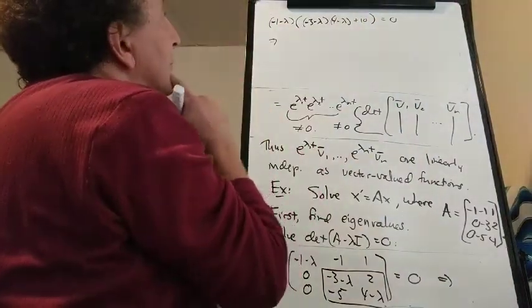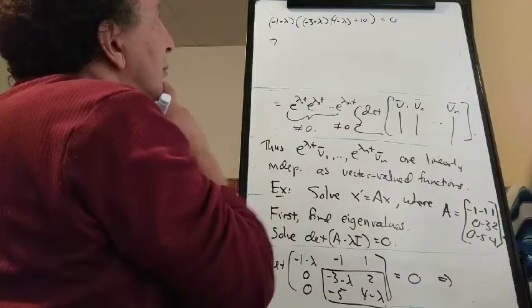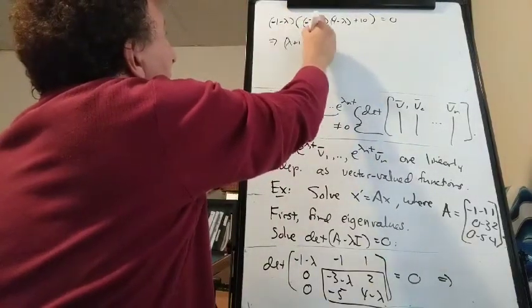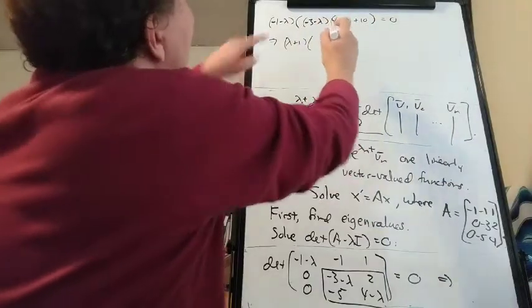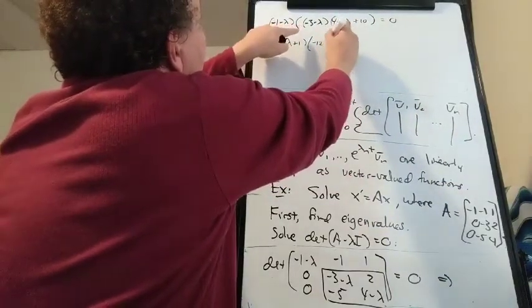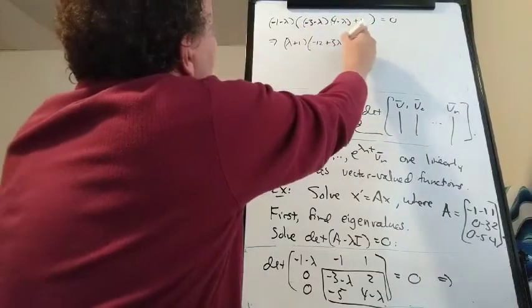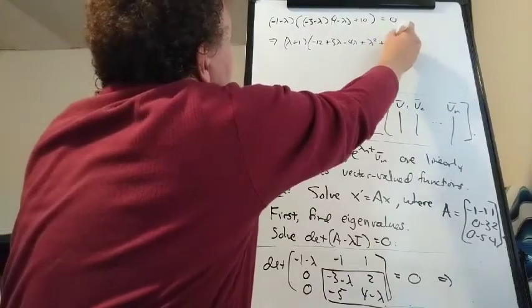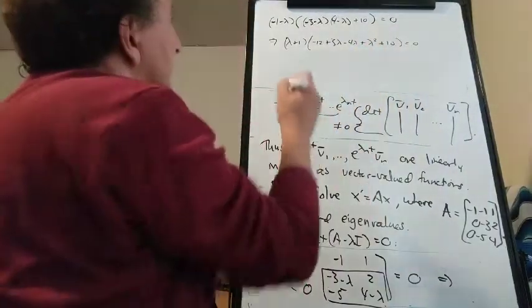So I can multiply both sides by -1 just to make this a lambda plus 1. And then if I do this multiplication, I've got -12 plus 3 lambda minus 4 lambda plus lambda squared plus 10. That equals 0.